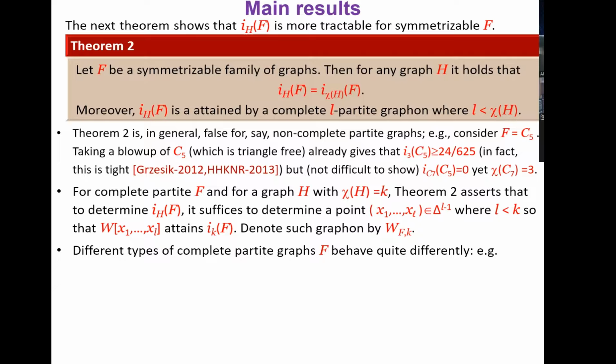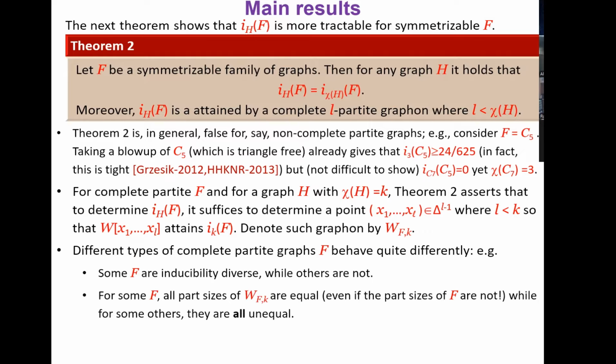Now, it turns out that different types of complete partite graphs behave quite differently. For some graphs the inducibility diverges, for some it does not. In some cases, all part sizes of this optimal graphon will be equal, even if the part sizes of F are not equal. So this is the main issue.